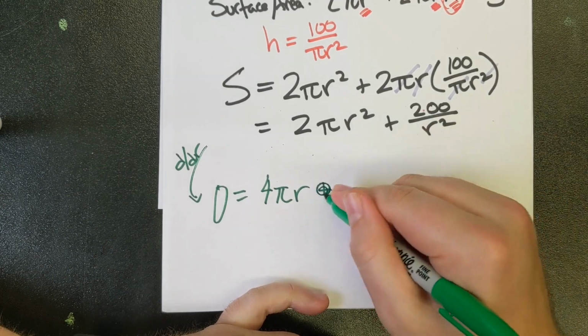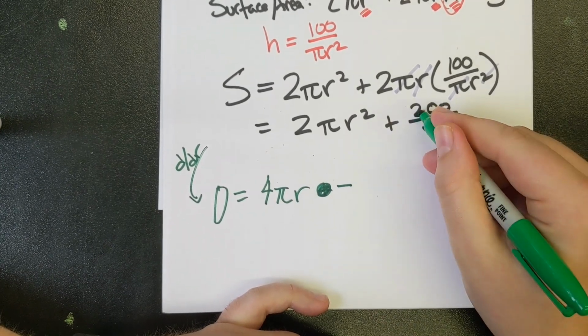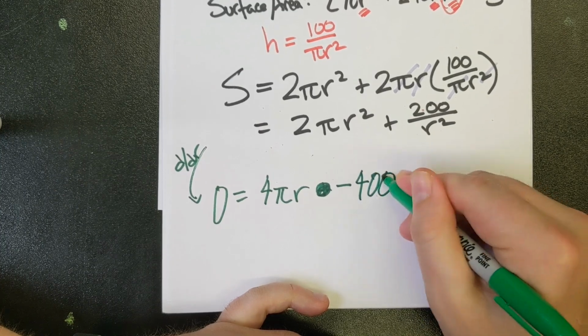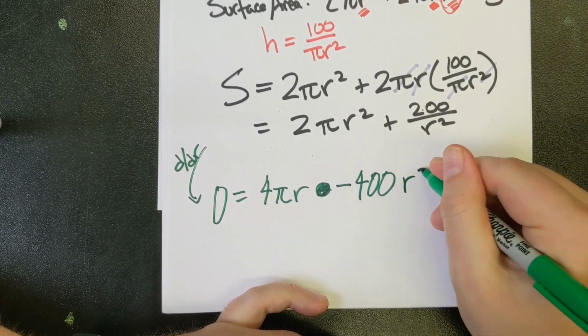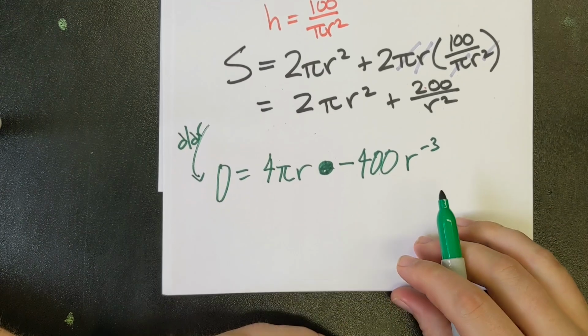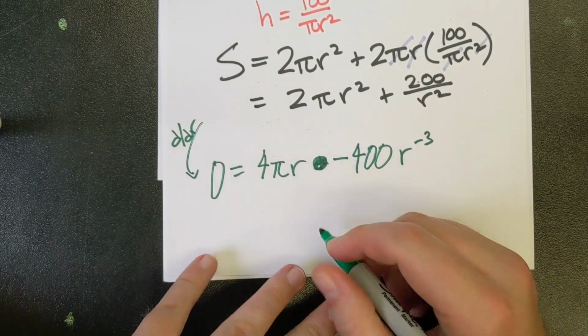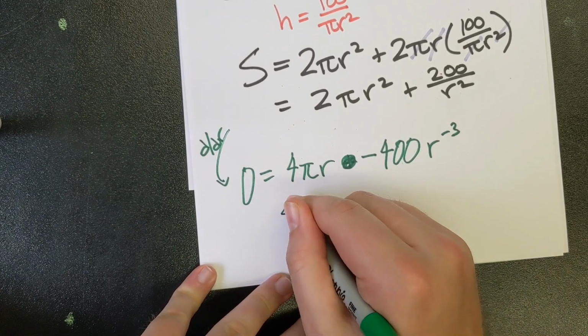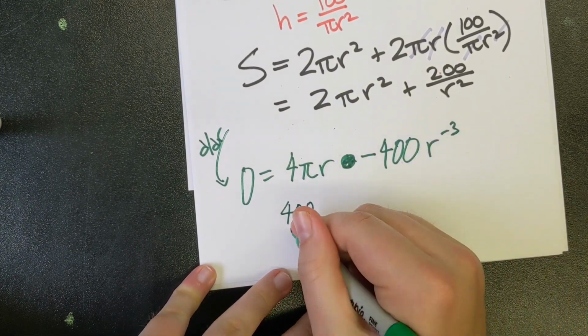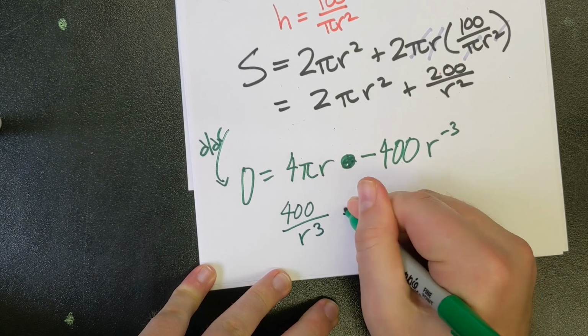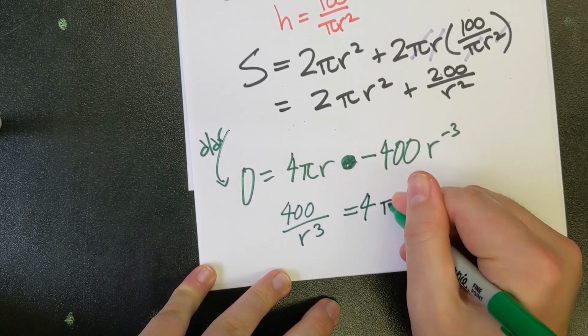So the negative 2 drops down, so it's a minus. So negative 2 drops down, making it minus 400 times r to the minus 3. Okay, if I want to know when that's 0, I can move this to the other side. I get 400 r to the minus 3, which is 400 over r cubed, equals 4 pi r.